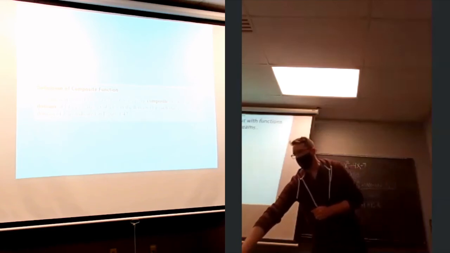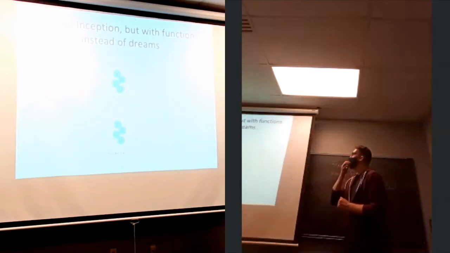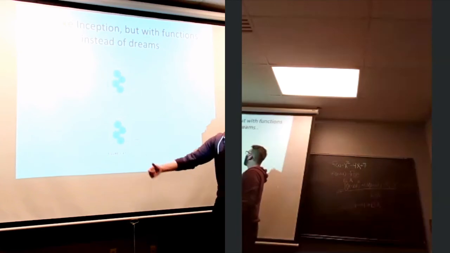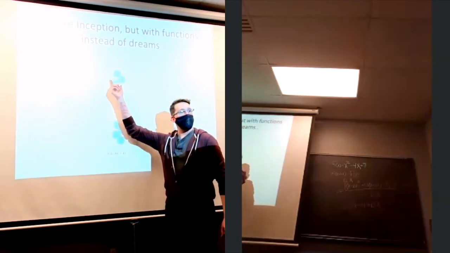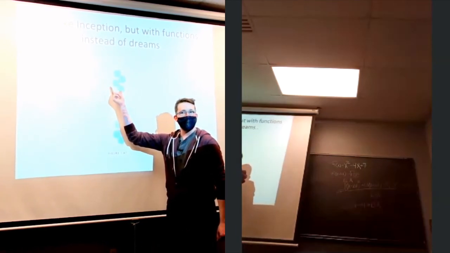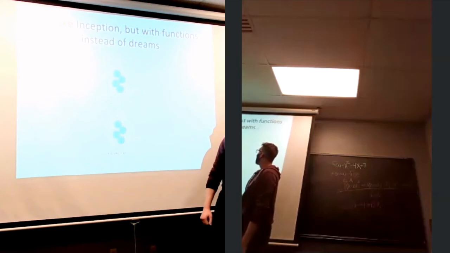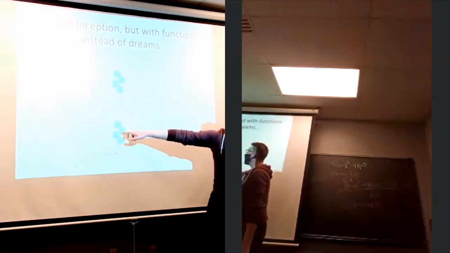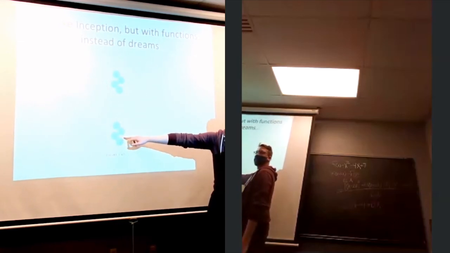So effectively, we're doing our first operation on our initial input. Then we're taking that output and putting it into the other function. Does this make sense what I mean?